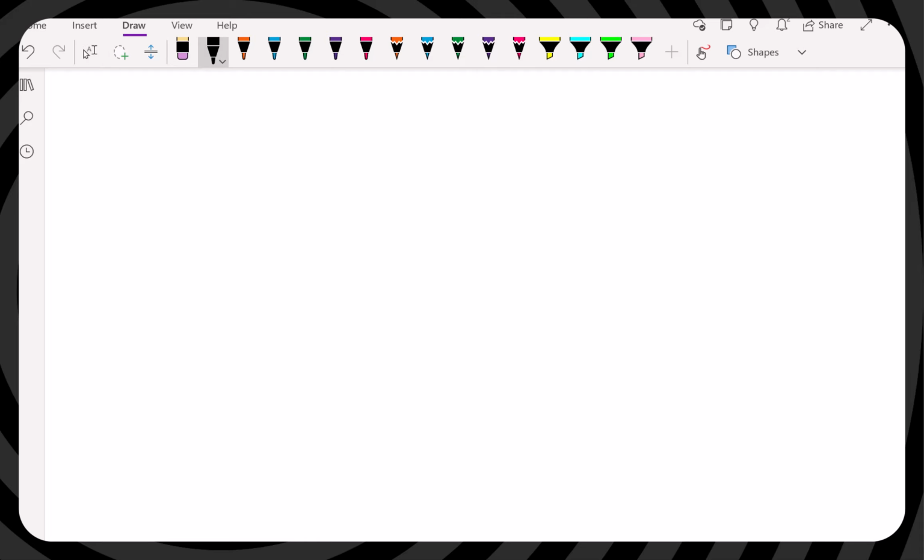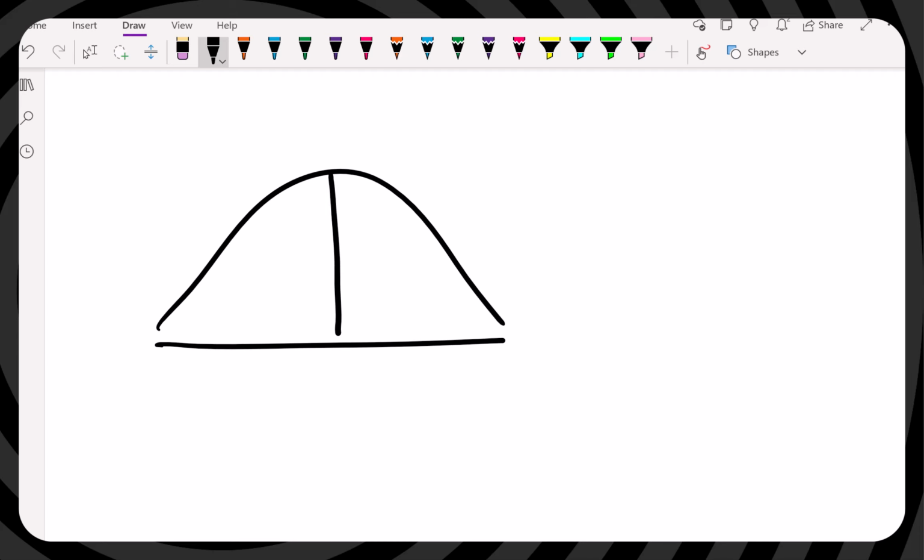Okay, first thing I want you to do is draw a normal curve, just the generic one. It doesn't have to be pretty, but you do need to know that you have a line in the middle, that is your mean, and then you have 3 lines to the right, and then you have 3 lines to the left.